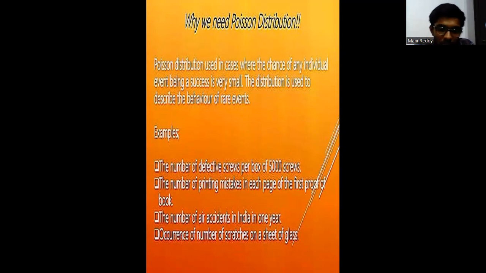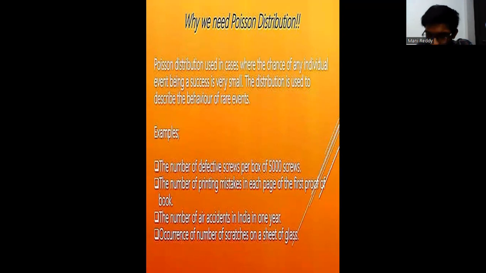And the second example is the number of printing mistakes in each page of the first proof of a book. In each page, we don't know how many printing mistakes there are.